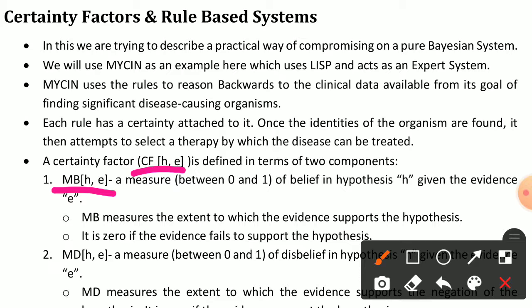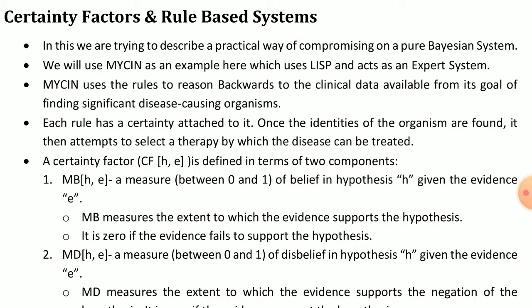It is 0 if the evidence fails to support the hypothesis. When our hypothesis can't be supported, then the system has failed, so we take the value as 0. And when our hypothesis holds, we can get some output, so in that situation we take the value 1. So this is the first component.